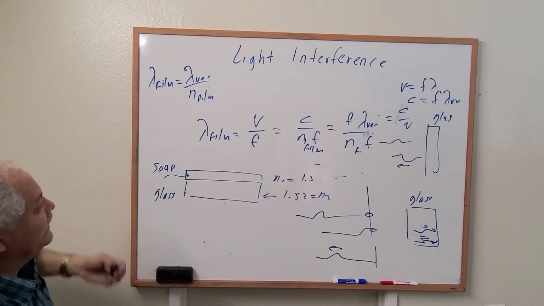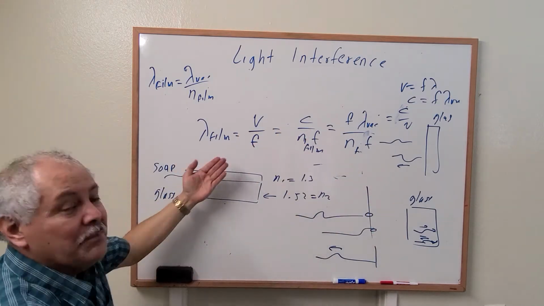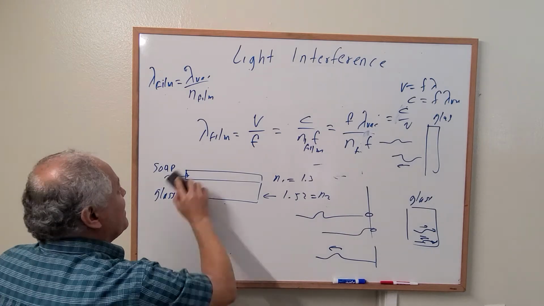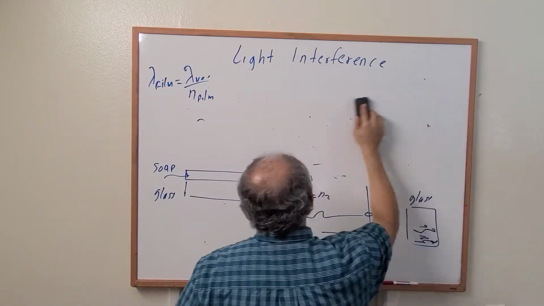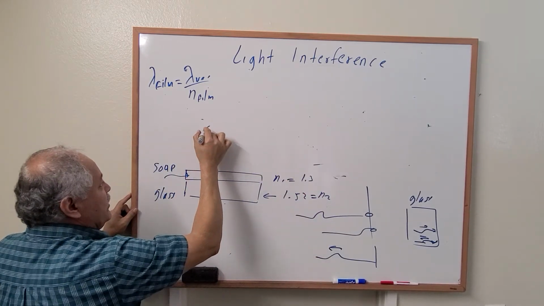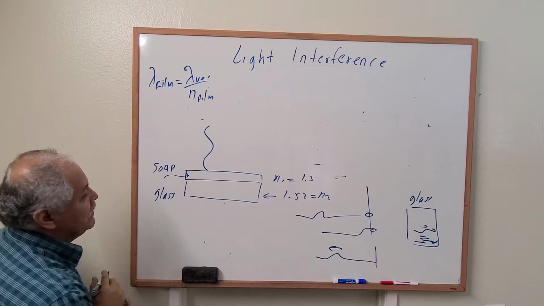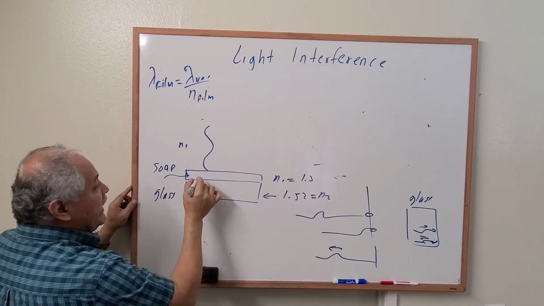Perfect. Now let's use this concept to explain what is happening here. Imagine that we have light in this way. This index of refraction is, let's say, N1, and this is N2.